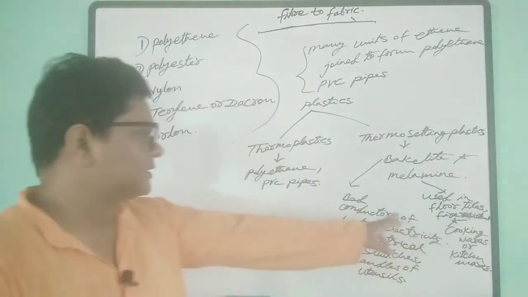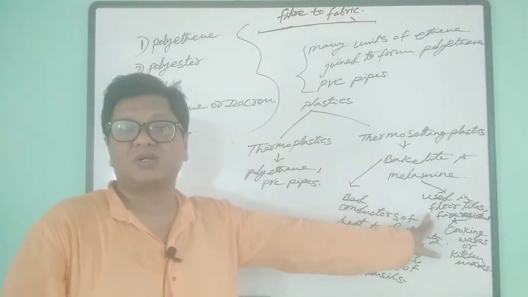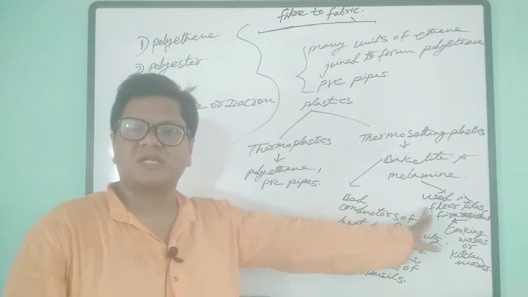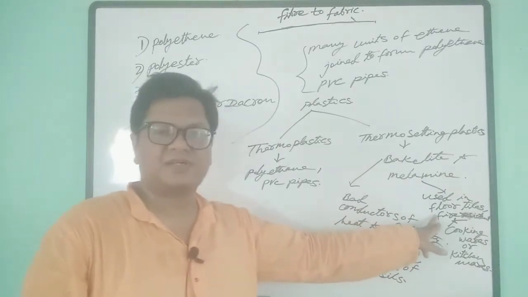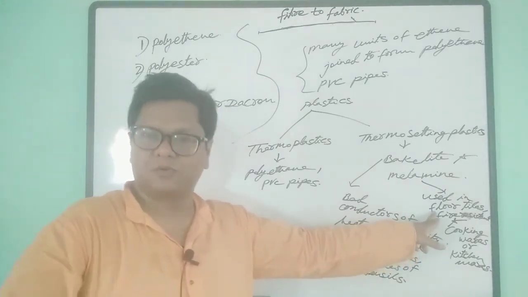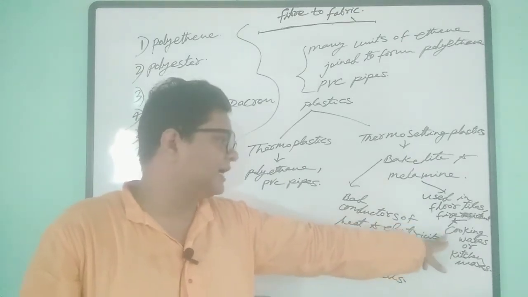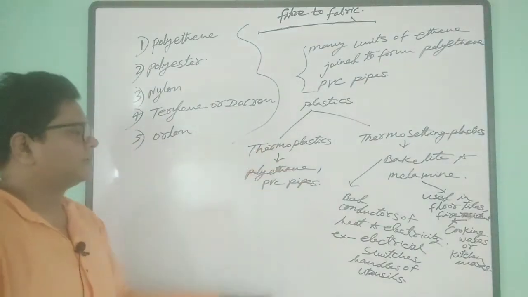Melamine is also a bad conductor of heat and electricity, and it is more non-inflammable than bakelite. Hence, it is fit for the purpose of synthesis of floor tiles, fire resistant clothes, and cooking wares or kitchenware.